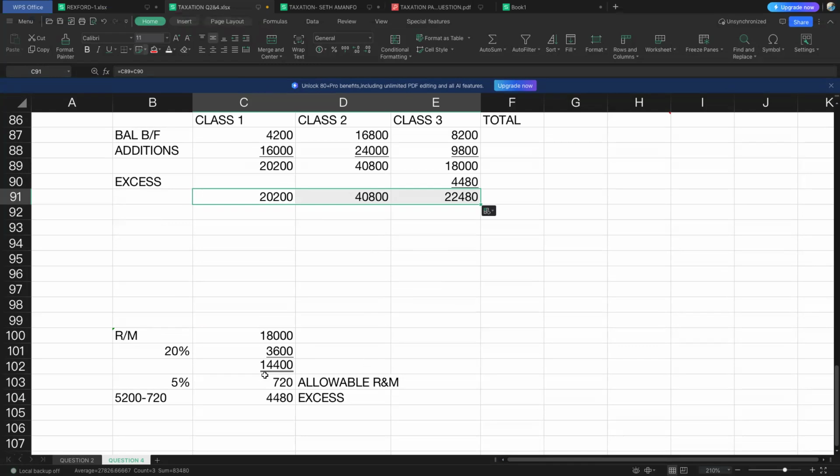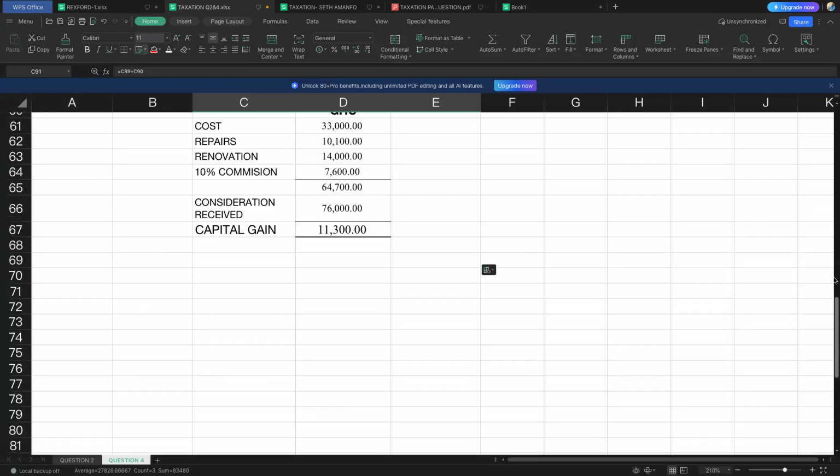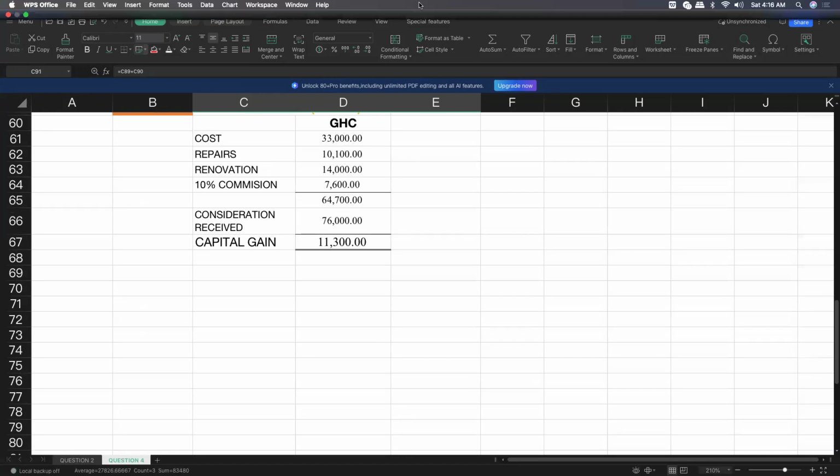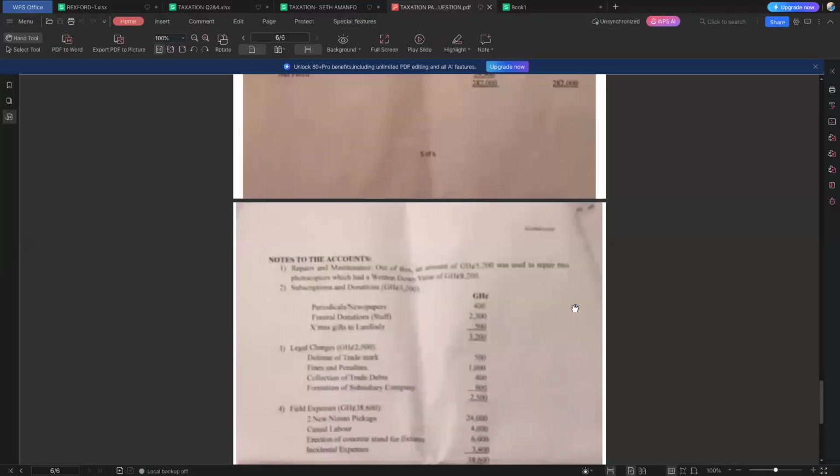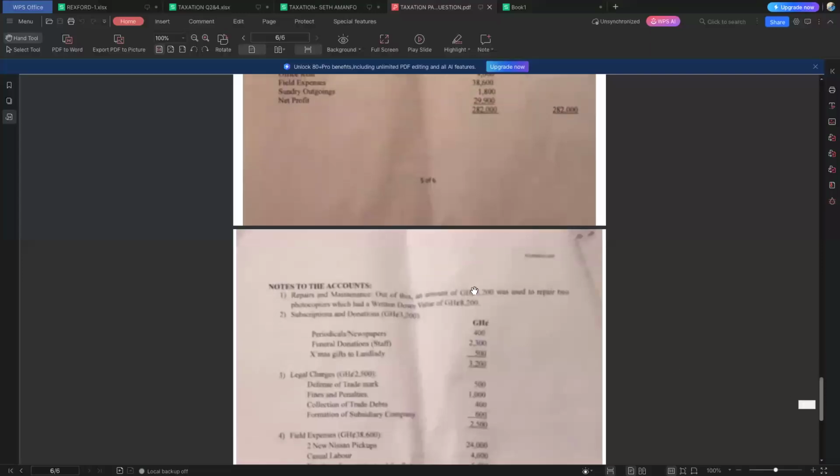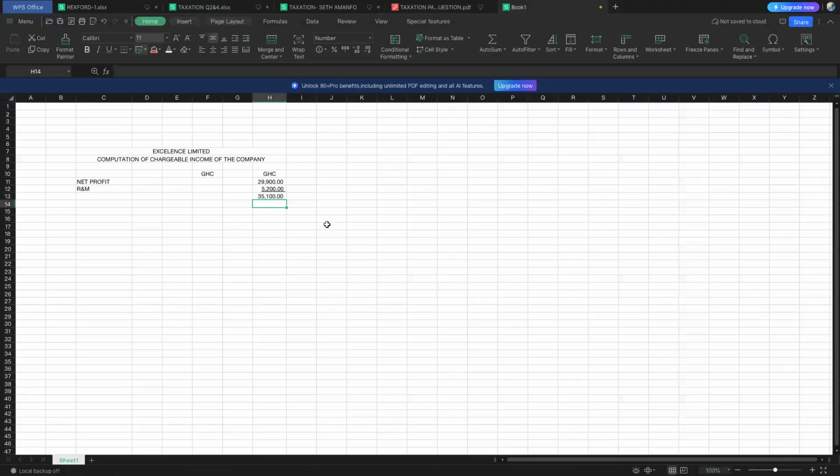So you have 18,000. You calculated, look, this is how we do it. You added back 5,200 to the net profit. But we thought it was used to repair 2 photocopiers, which had a written down value of 8,200.